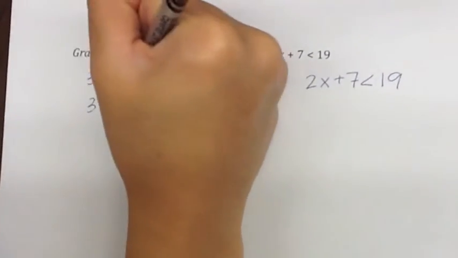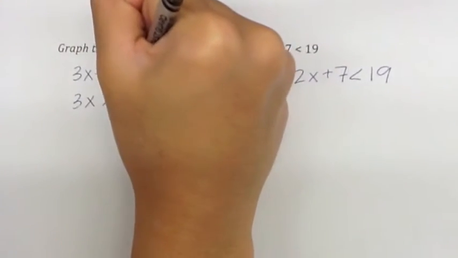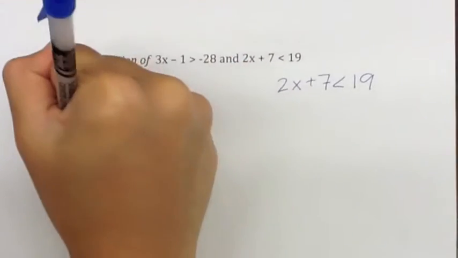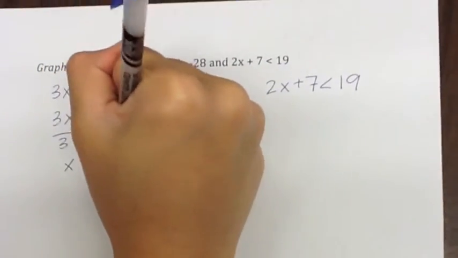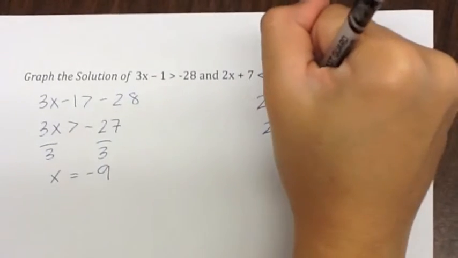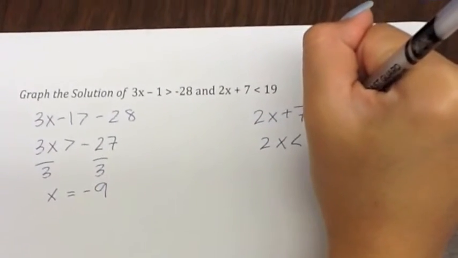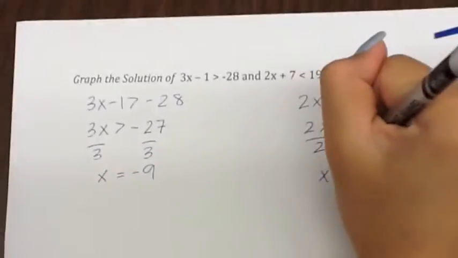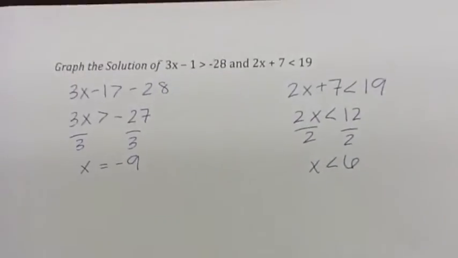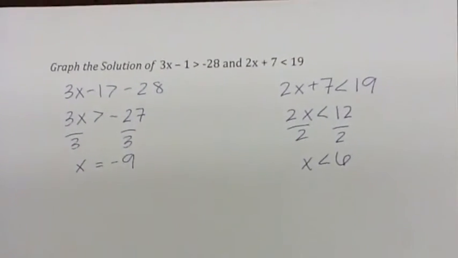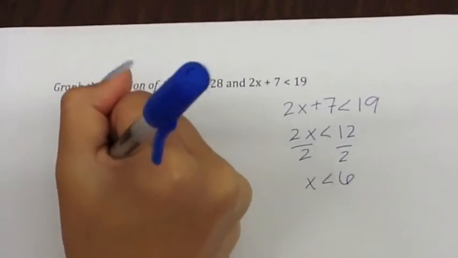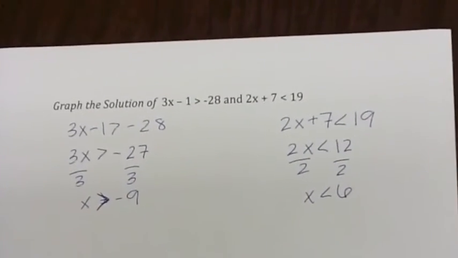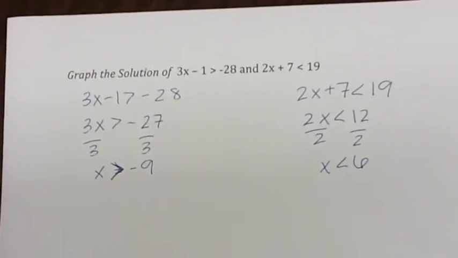So 3x minus 27, and then divide by 3. So now you're left with x is greater than negative 9 and x is less than 6.